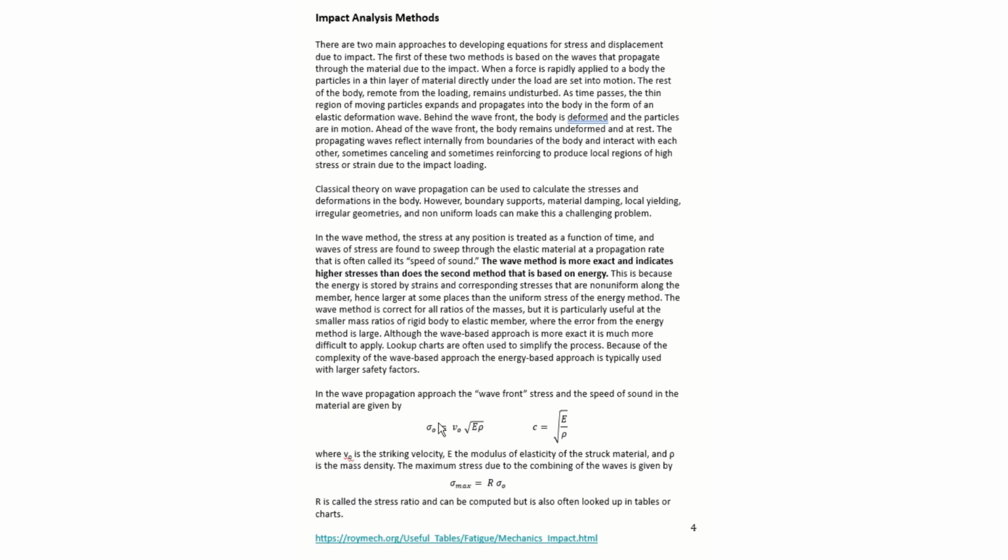And the interaction of all of these waves can cause constructive and destructive interference. And you can actually produce regions of low force, but also regions of high force due to the interaction of the propagating waves.